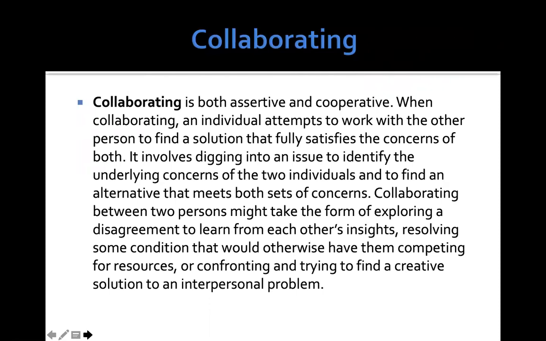One of the big downfalls of collaborating is that it takes time, because you're continuously trying to problem solve, you're trying to mediate, and that could take time. So keep that in mind. All of these have their strengths and their weaknesses, but when you're trying to meet your own needs and trying to meet others' needs, you need to have the time to do that.